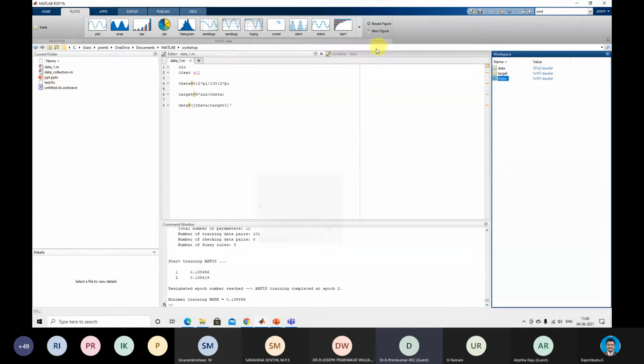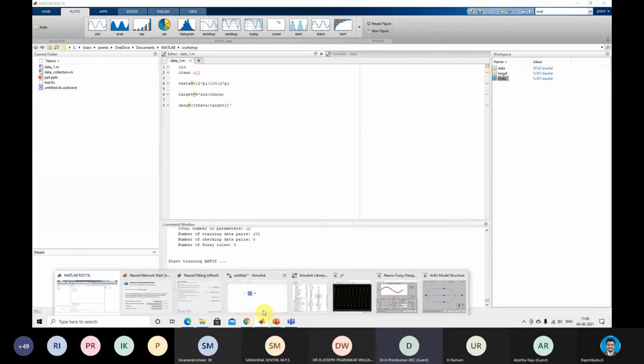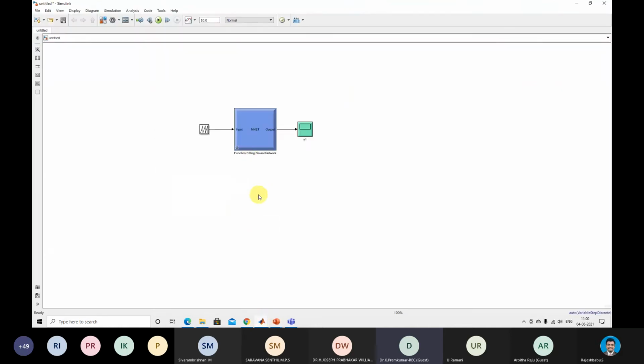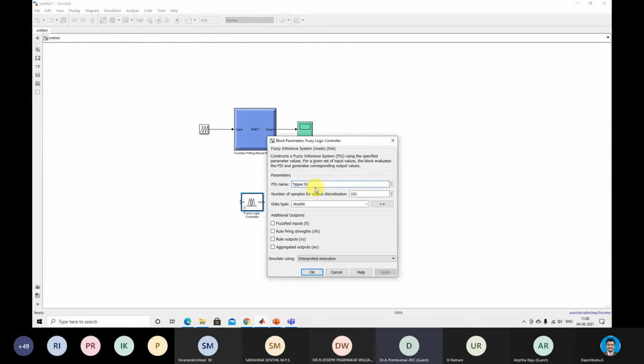So next we need to test the fuzzy logic, right? Here you can type fuzzy, and the input for the fuzzy, that means the file name should be equal to test, right? Yes.